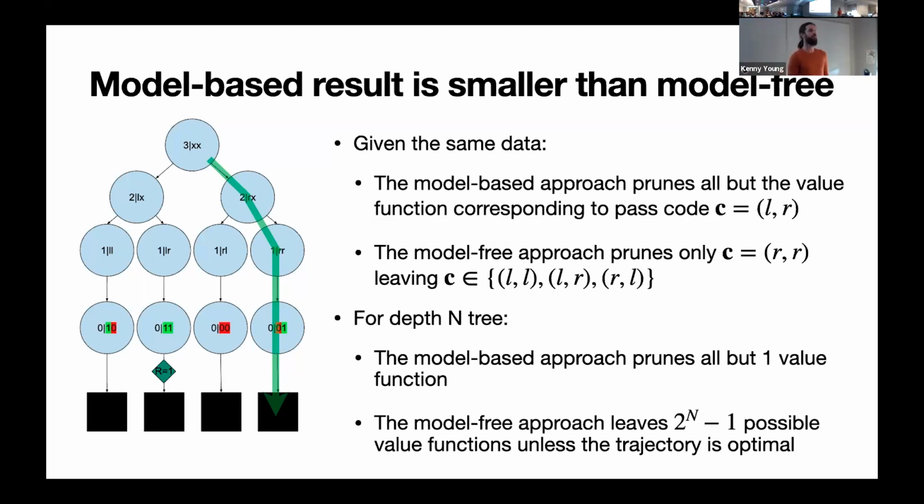Yes. Shava, if you want to go ahead with your question. Yeah. So thanks, Kenny. I understand now what I was confused about, and this is great. A follow-up to the previous thought is that maybe what's going on is that if you consider all possible reward functions simultaneously with the model-free approach, then it would gain back the strengths of the model-based approach.